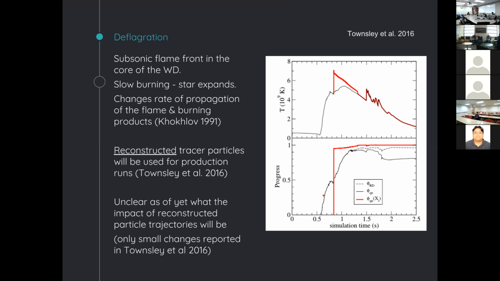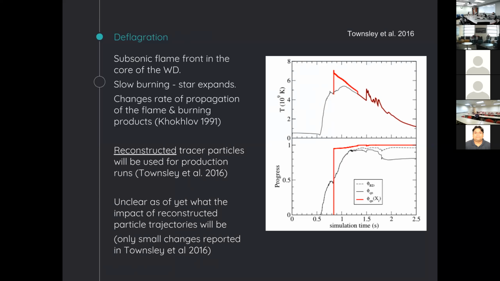However, due to the method of modeling the explosion, the flame front for the deflagration has to be made artificially thick to get the required burning. But this means that the particles in that flame front spend too long under certain conditions. It means that they are unphysical.